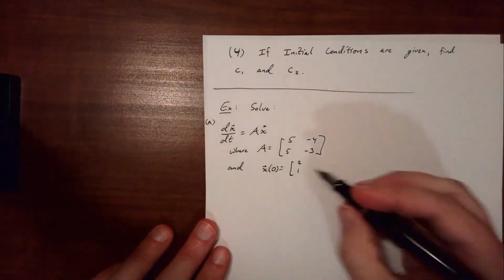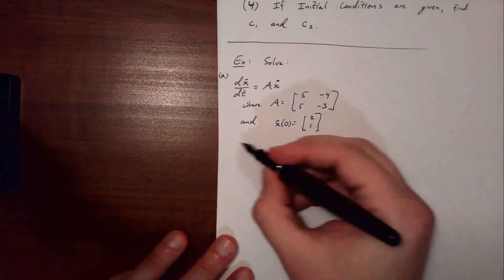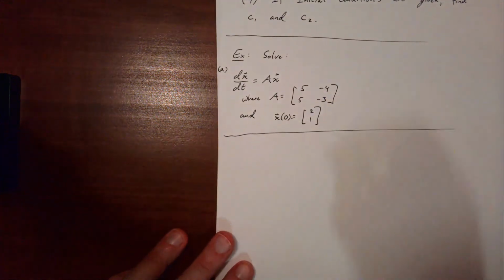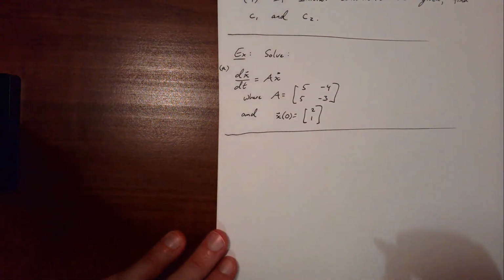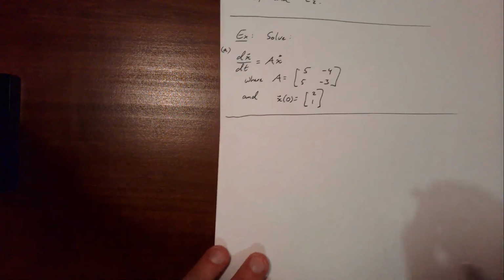So let's see if we can figure out how this whole process is supposed to work. Up till now, it's been very theoretical. Now is where the rubber meets the road, and let's see what we can do.